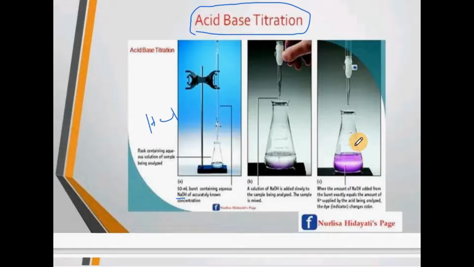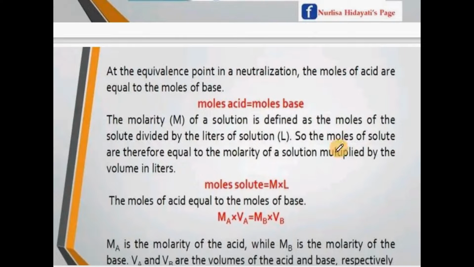So at this equivalence point, we say the moles of the sodium hydroxide is equal to the moles of what? The HCl. So at the equivalent point in a neutralization reaction, the moles of the acid, which is the one to be analyzed, is equal to the moles of the base.